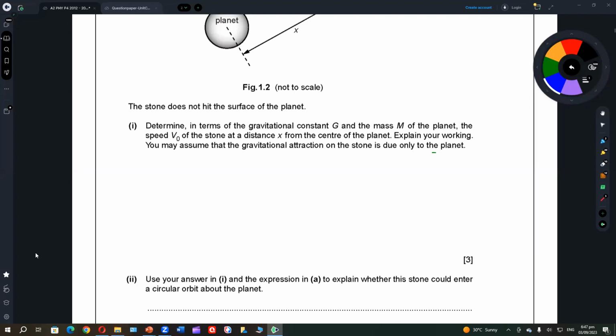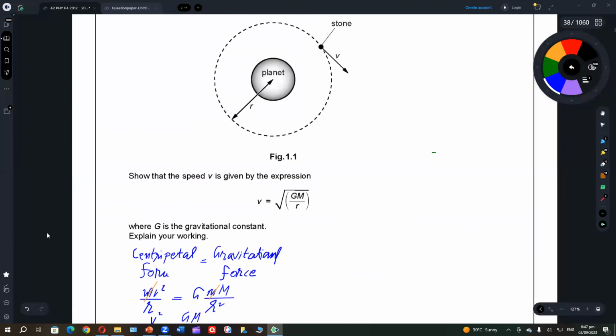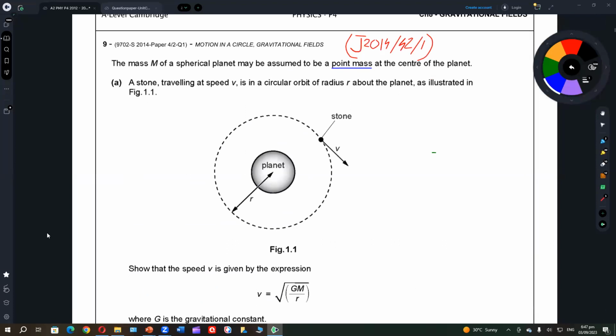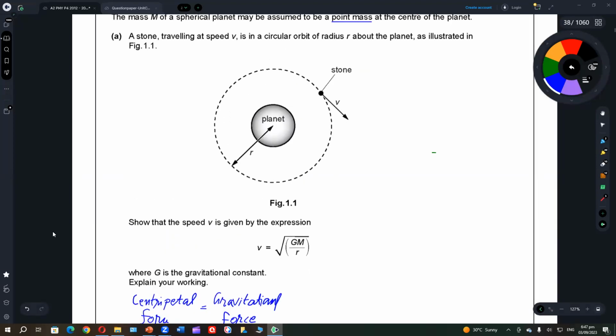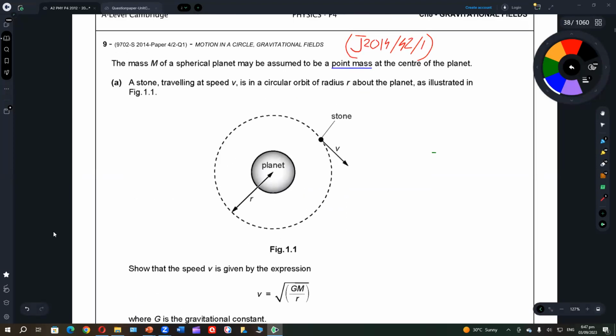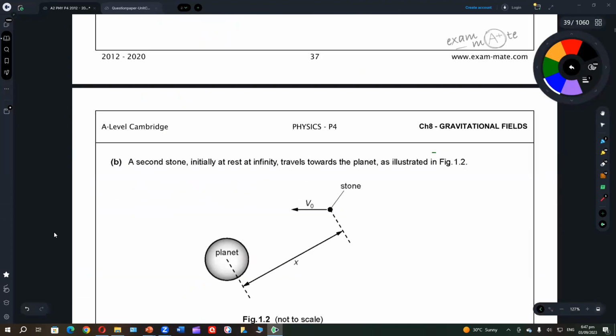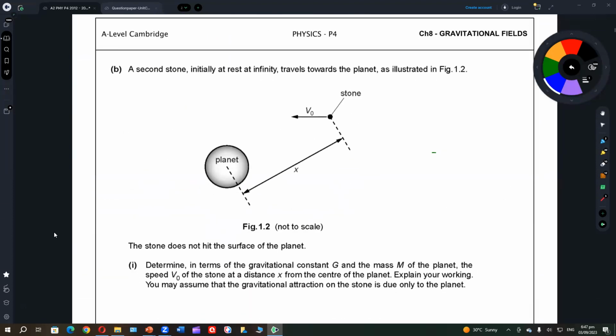So think of a plan for it. Initially, there was a stone and the stone was orbiting. This is the first stone that was orbiting, but this new stone is not going to orbit.